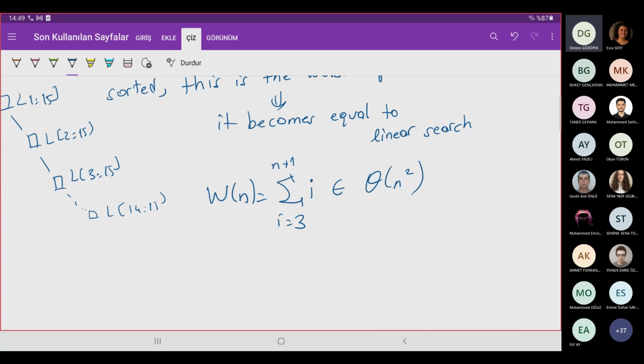While doing the swap, I may be automatically fixing other inversions in between too. If this is 5 and this is 2 and I have 3 in between, and I switch 2 and 5, it automatically becomes 2, 3, 5. So the inversion between 3 and 2 may also get fixed when I do this swap operation.